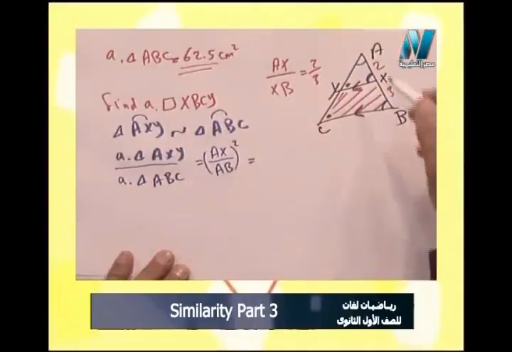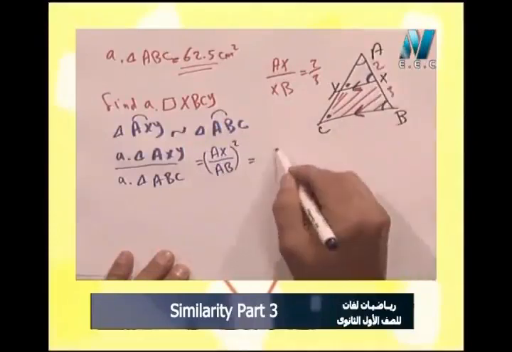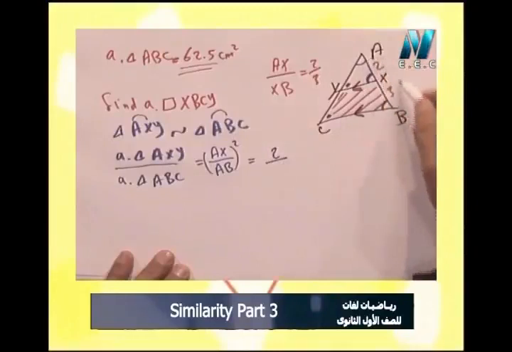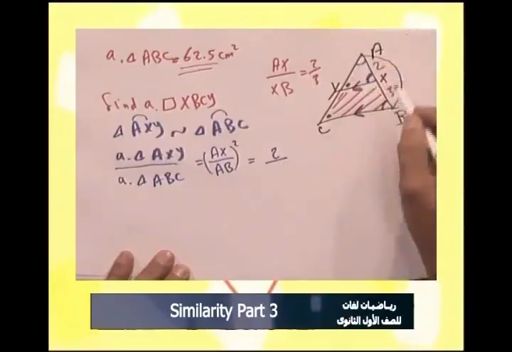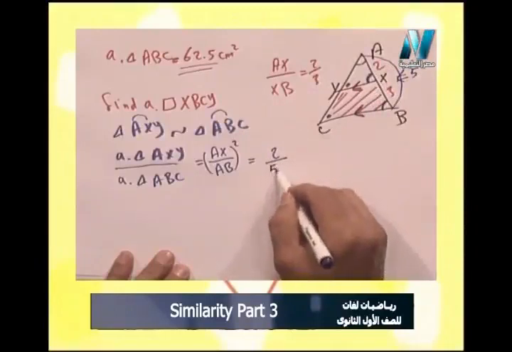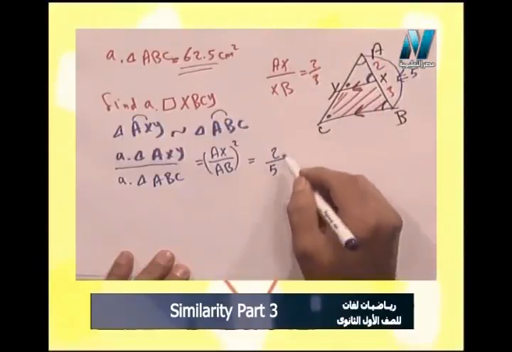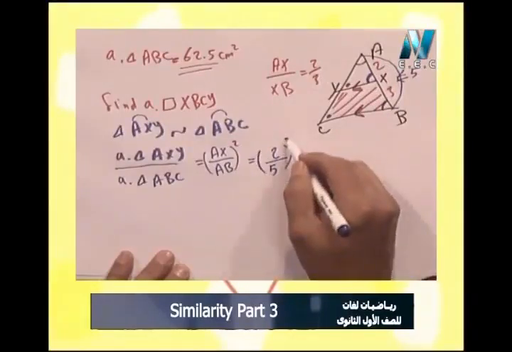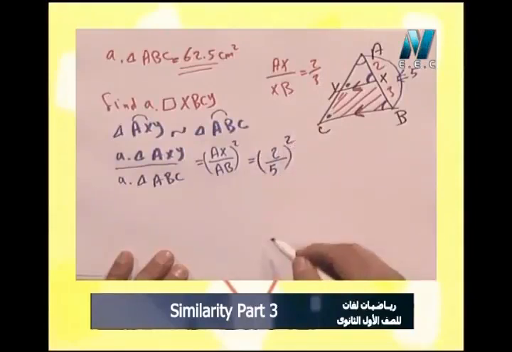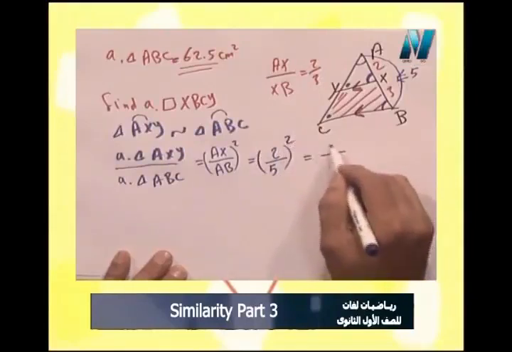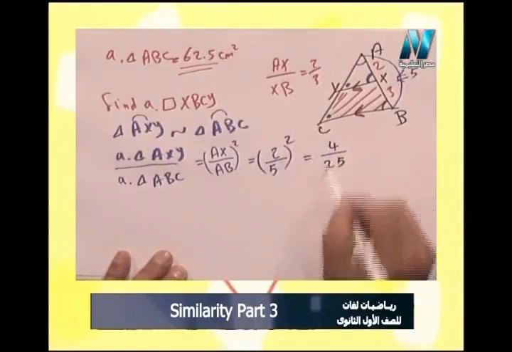And we have that the ratio between AX and AB, here the ratio of AB equals 5. So we write 5 here. And do not forget, my dear students, that all of them are power 2. So it's 4 over 25.